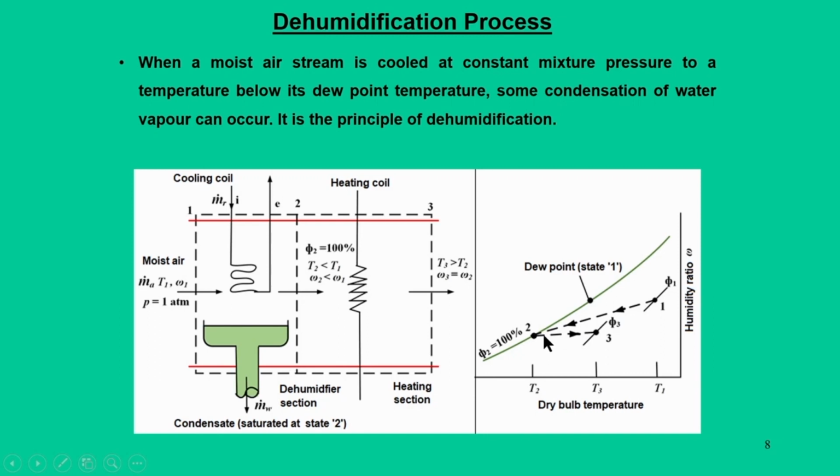When the dew point temperature is reached, water vapor gets condensed and comes out as condensate, and the rest of the air leaves section 2.